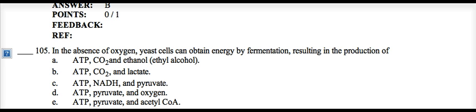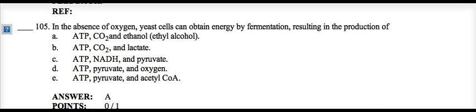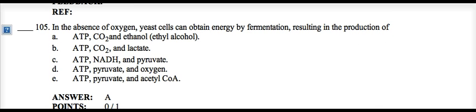This is about fermentation, and we talked about the two types of fermentation, alcoholic fermentation and lactic acid fermentation, so they want you to know which one yeast does. You might want to pause and think about it if you don't know yet. And the answer is A, ATP, CO2, and ethanol, because it's alcoholic fermentation. You do need to know both types of fermentation.